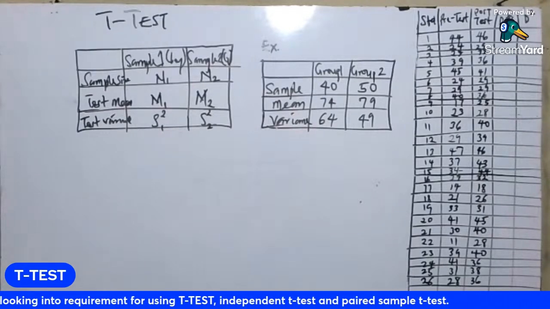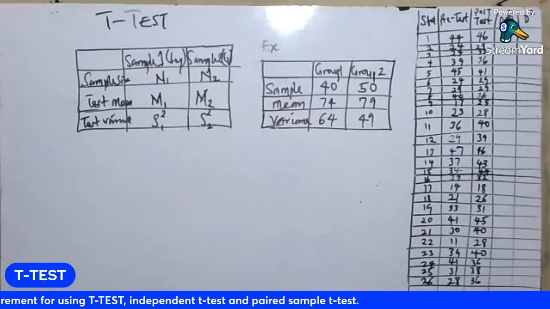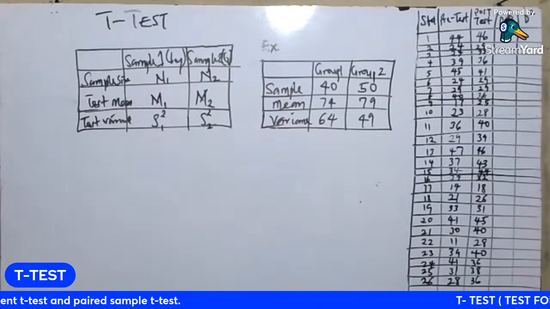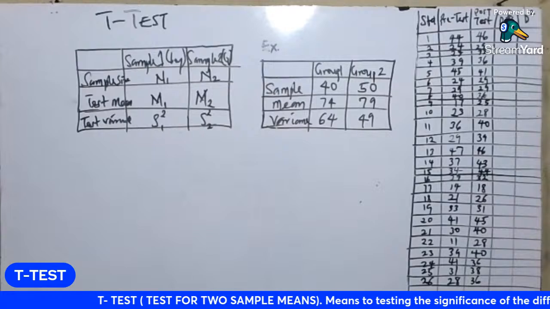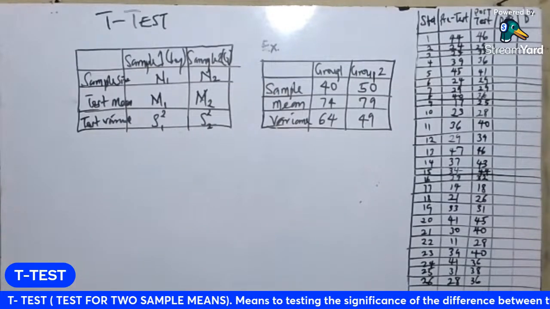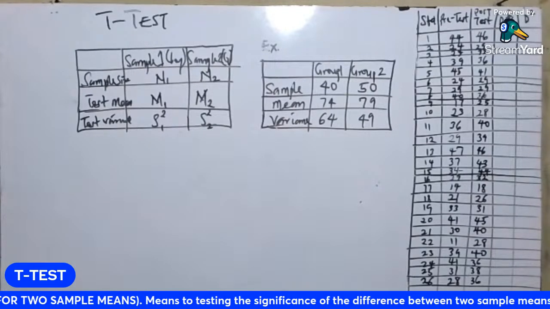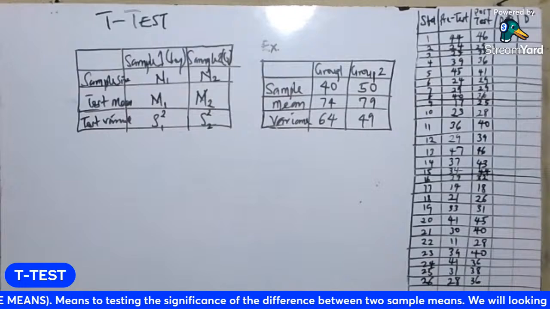So basically, there are three conditions. There are three types of independent t-test. The first one is when the independent samples are of unequal size and less than 30.